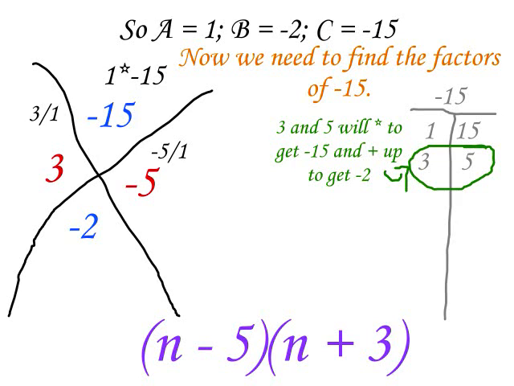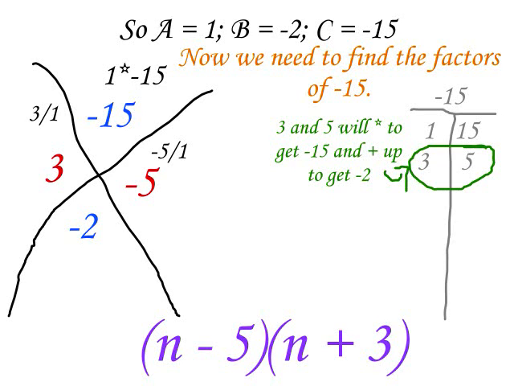Here's our basic work. Our a is 1, our b is -2, and our c is -15. Up top we did 1 times -15, and we get -15, and we put -2 in our bottom unit. Now we have to find our factors of -15. Our factors are 1 and 15, and 3 and 5. 3 and -5 will multiply to get -15 and add up to get -2.